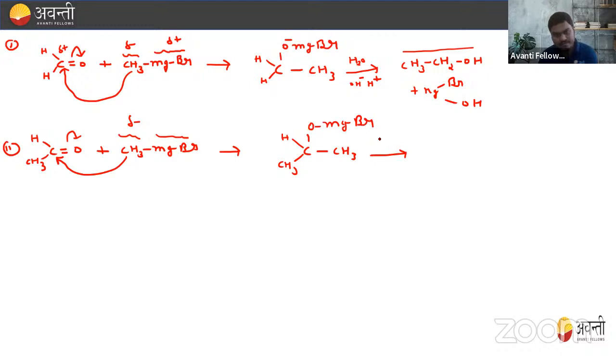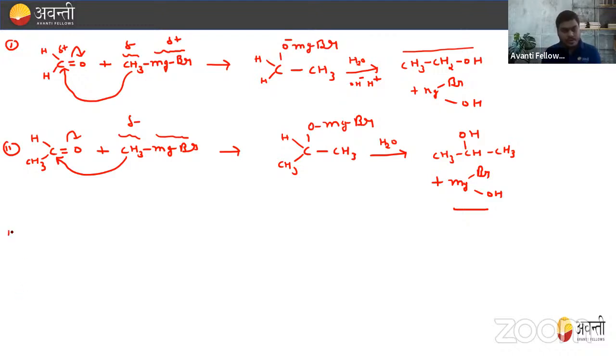Now again hydrolysis, so what will you get? You will get CH3CHOH CH3 plus MgBr and OH. So what do you get? Secondary alcohol, right? So when you treat formaldehyde with the Grignard reagent, you will get primary alcohol, and when you treat aldehyde with the Grignard reagent, you will get secondary alcohol.